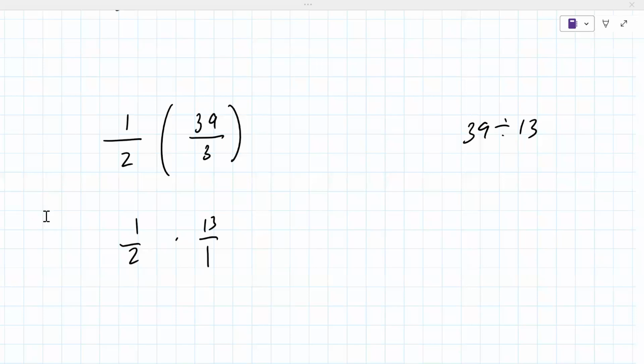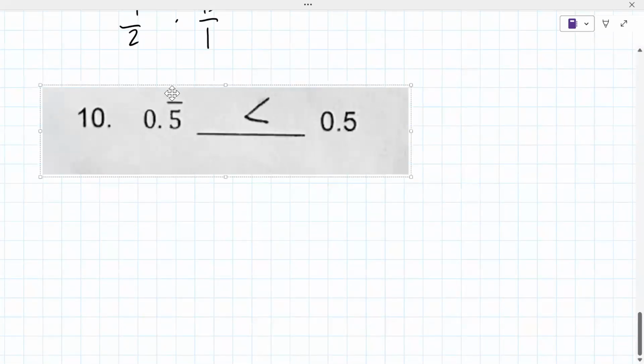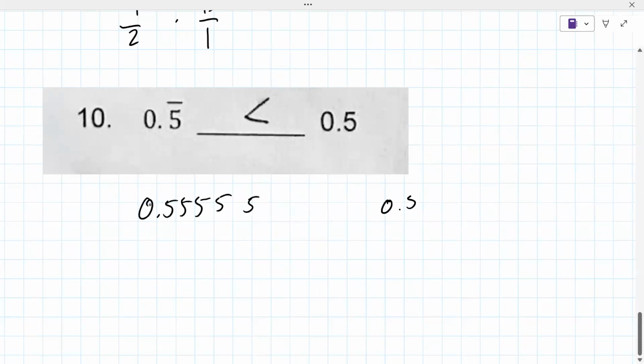So the thing with 10 that I don't see in all the others is I see some work. Do you remember what this line above the 5 means? It means repeated forever, right? So it might be good to write a few of those out. Oh, so when you round? You don't round, you go until there's a different digit. So see how the first one is the same, and then there'd be a 0 here. So is the second one the same?